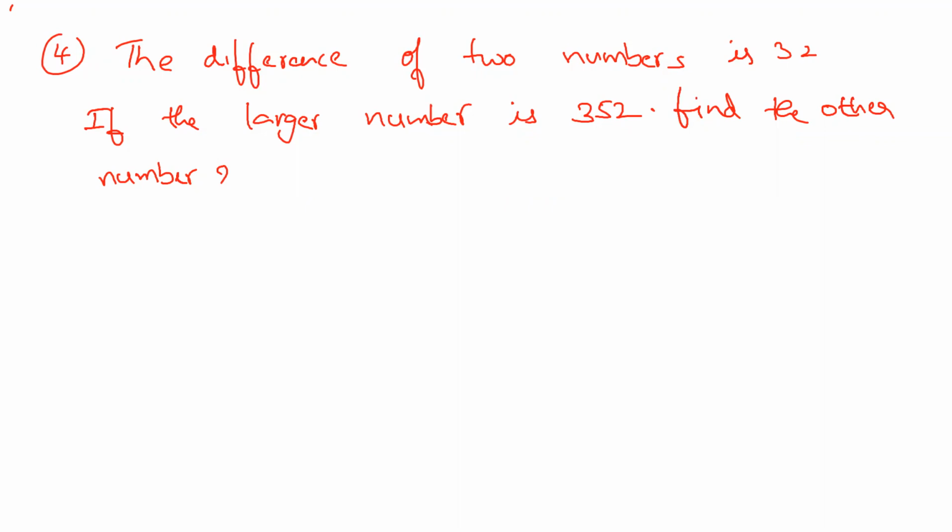Jashwant, say the answer. Ma'am, the difference of two numbers: A minus B equals 32. The larger number A is 352. So 352 minus B equals 32.